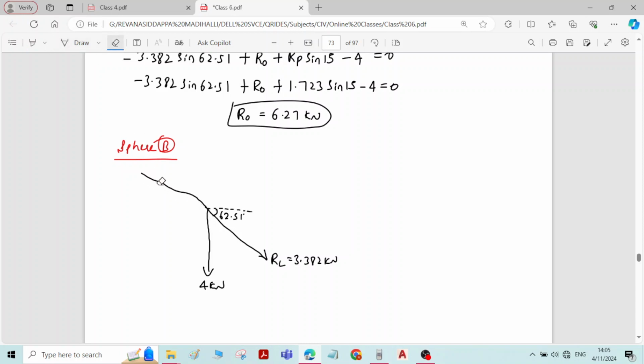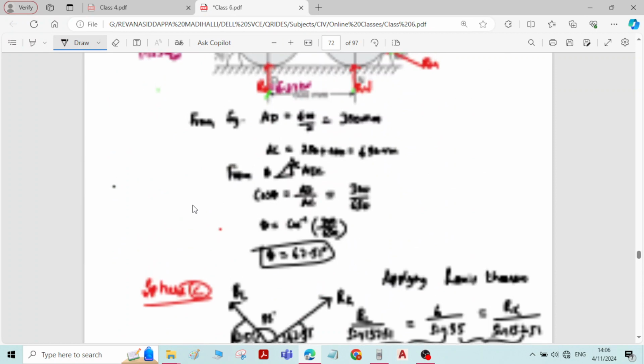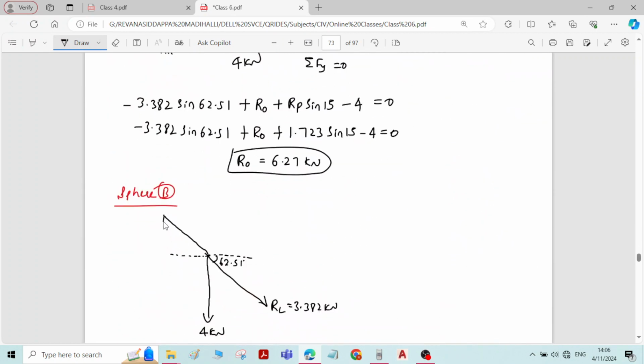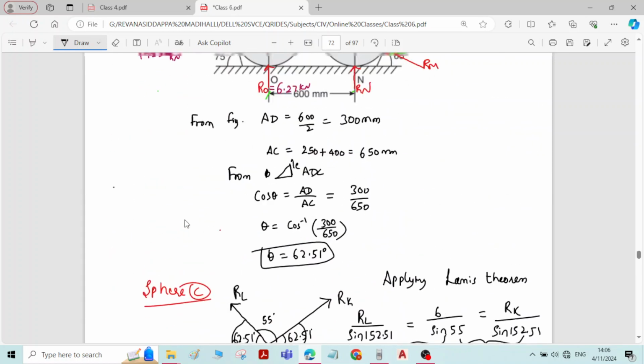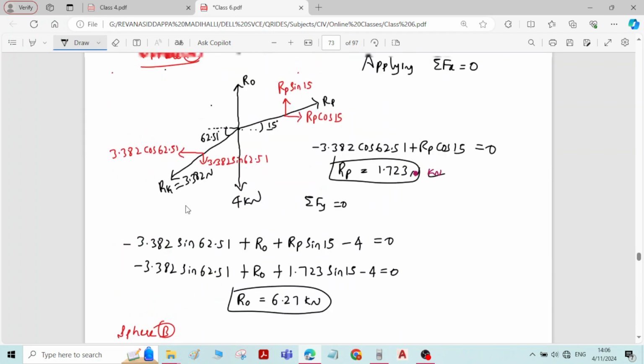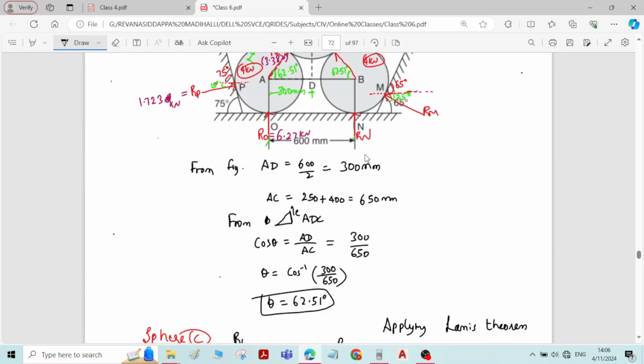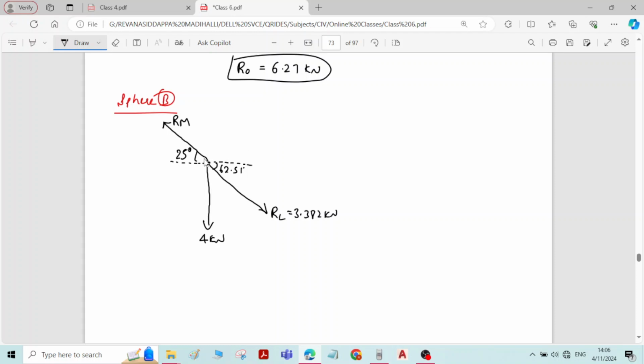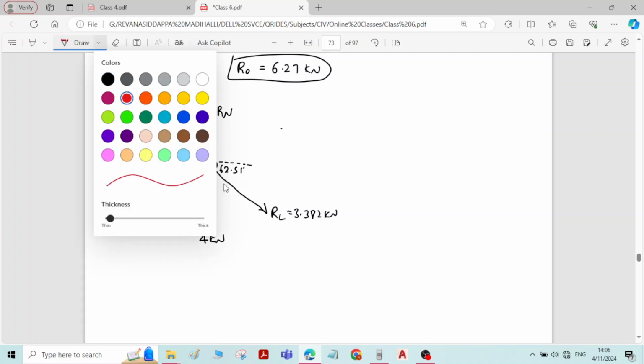The horizontal inclination of RM is 25 degrees, and we have reaction at N in upward direction, RN.